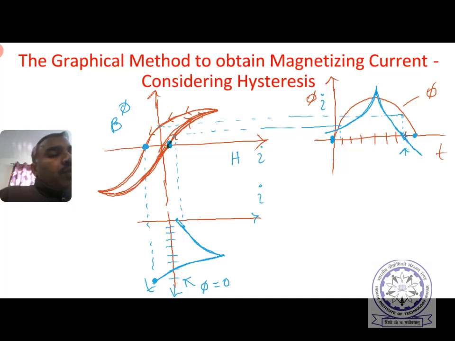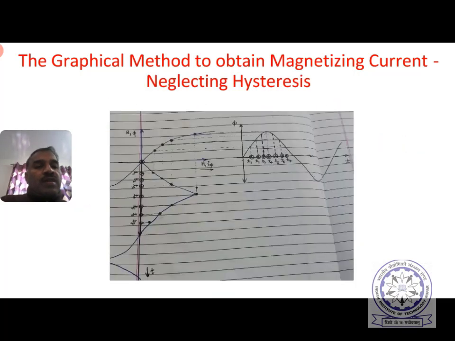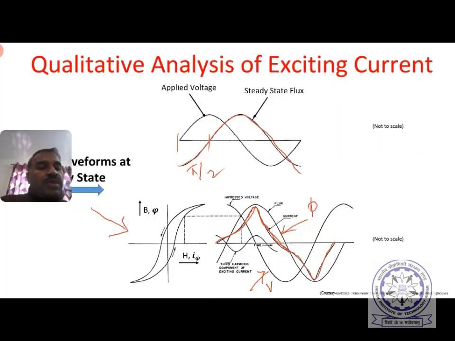Again it will reach a peak in the negative, and then it will continue like that. This is what was shown a few slides before. Since there is a BH loop here, it is not 0 here, and it becomes 0 before the phi curve becomes 0. So this is how the exciting current under no load steady state will look.